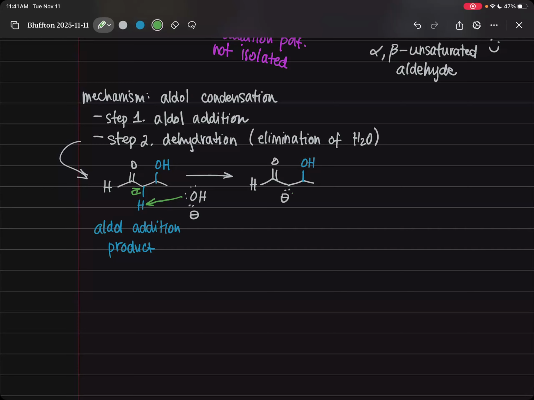And now we just move the electrons toward that bond to create our double bond. And then the hydroxide group leaves.